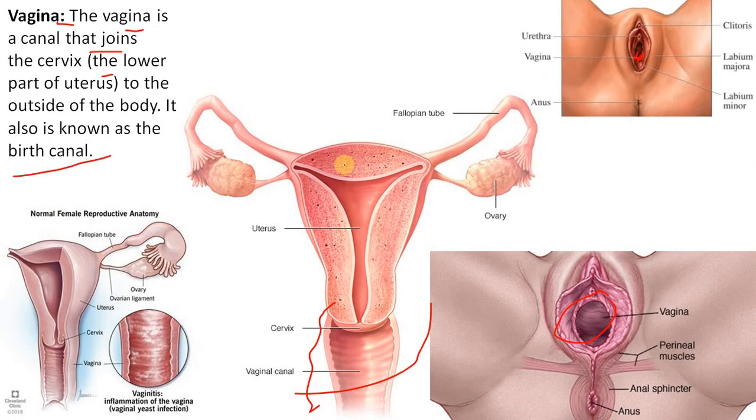The external genitalia, the vulva, includes the mons pubis, the labia majora and the labia minora, hymen, and the clitoris. The mons pubis is a cushion of fatty tissue covered by skin and pubic hair.